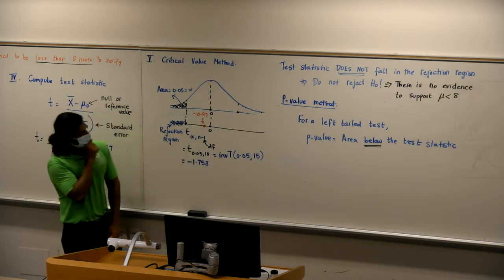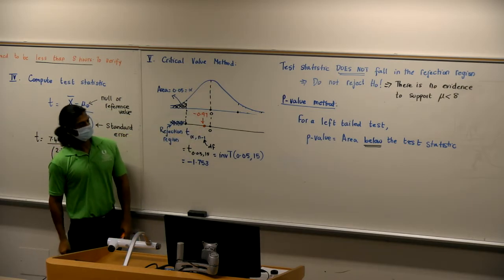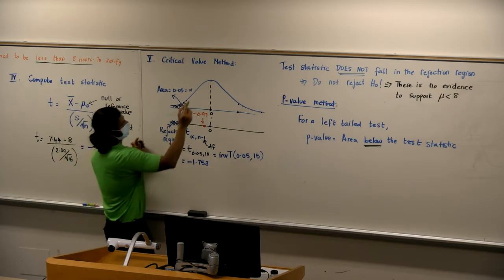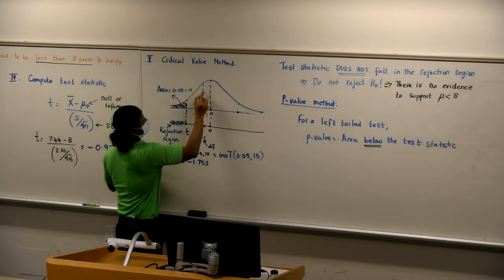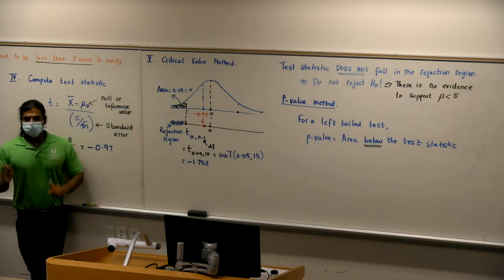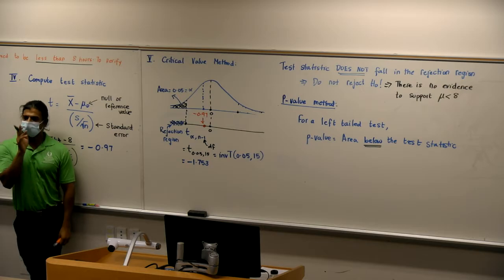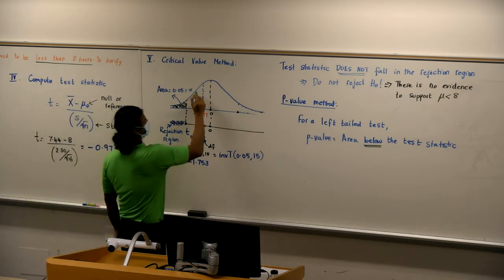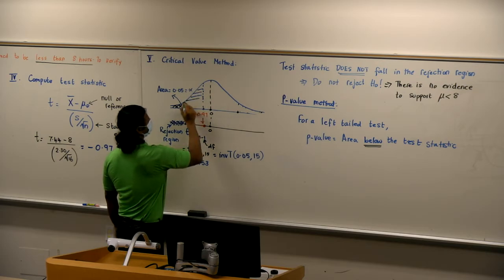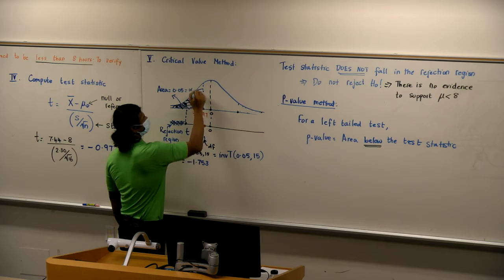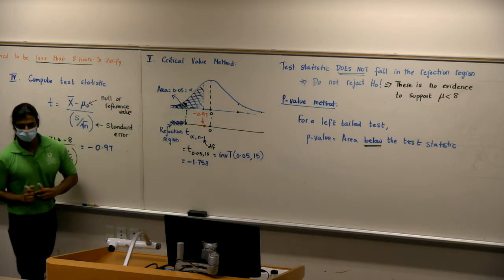Where is the test statistic here? Right there. Okay, got to use a different color. And I would want to find the area below the test statistic, which would mean that.